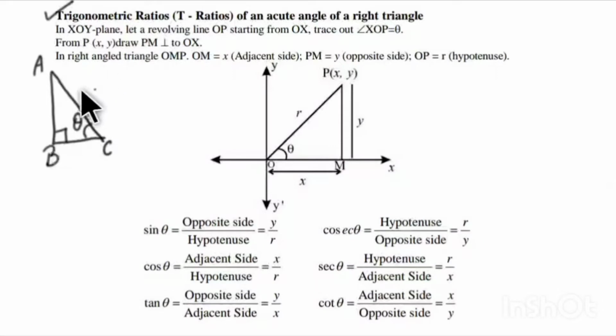Then the side opposite to 90 degrees is known as the hypotenuse. The angle theta is made by two sides, one is the hypotenuse, the other is called the base, and the third side is known as the perpendicular.